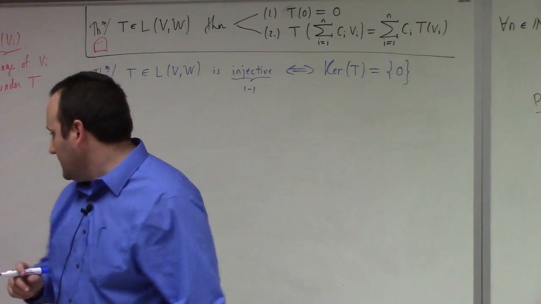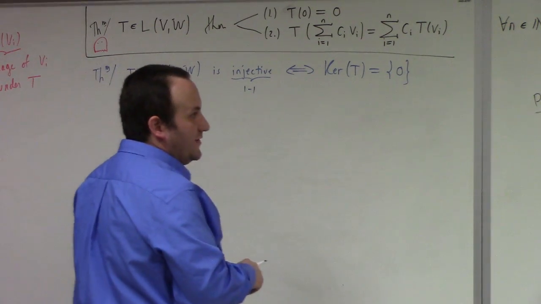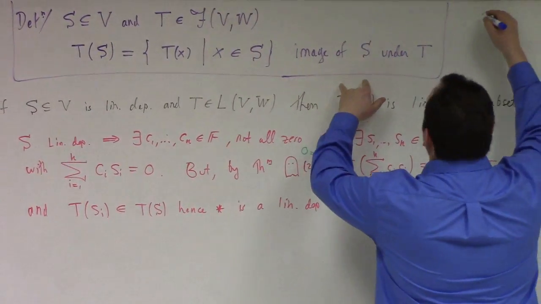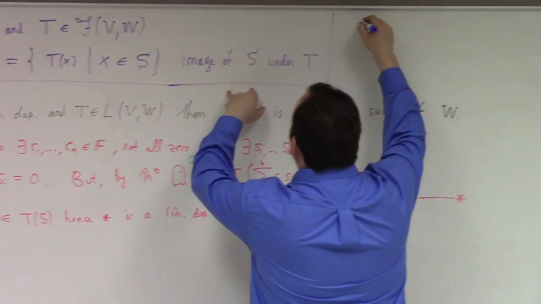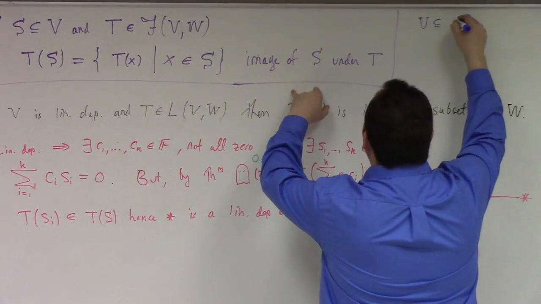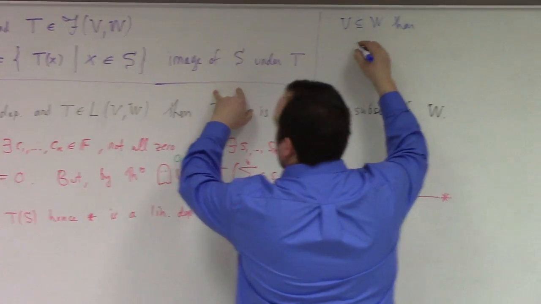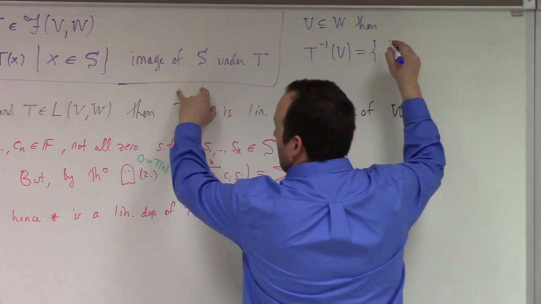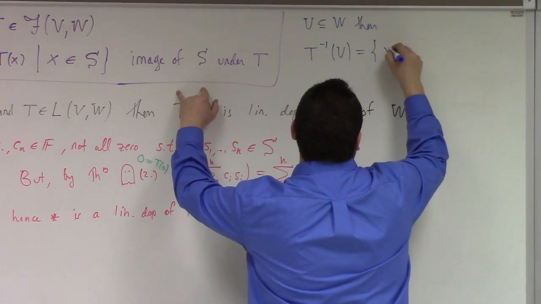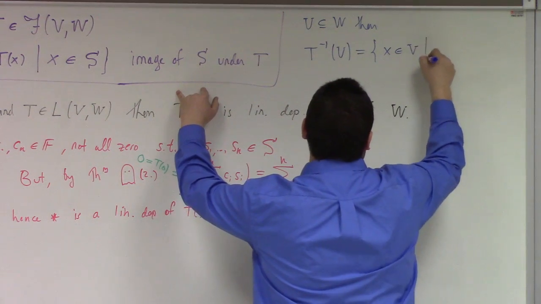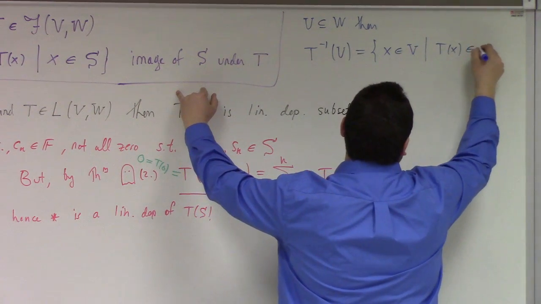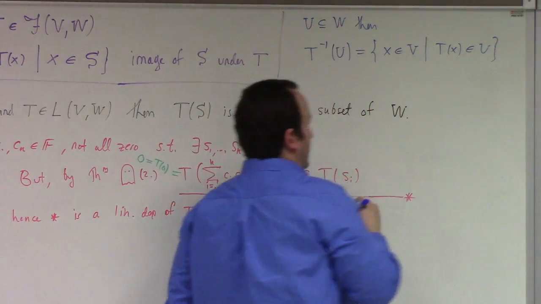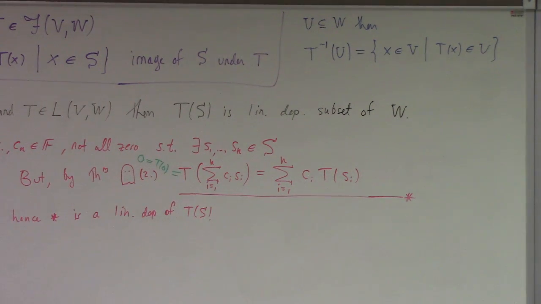So let me make a definition for you, which I probably should have made before this theorem. Oh well, it's too late. Look, this is the image of a set. What's the inverse image of a set? If we have, let's say, U, a subset of W, then we can also talk about the inverse image of U under T. What this is going to be is x in V such that T of x is an element of U. So the inverse image of a set is the subset of the domain which maps to that set.